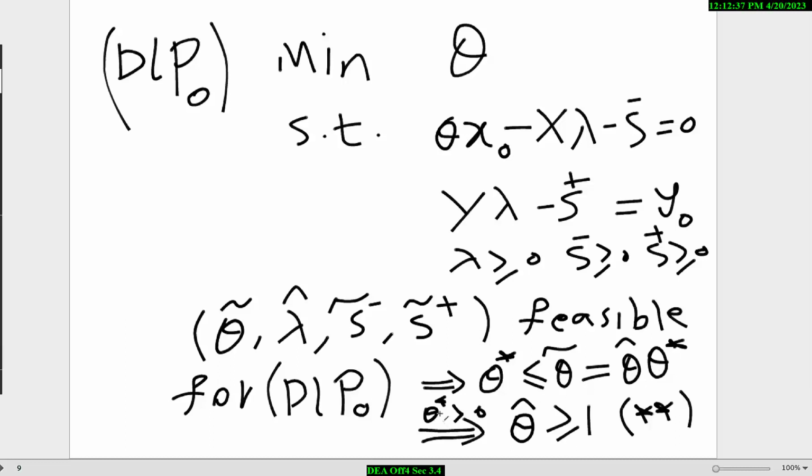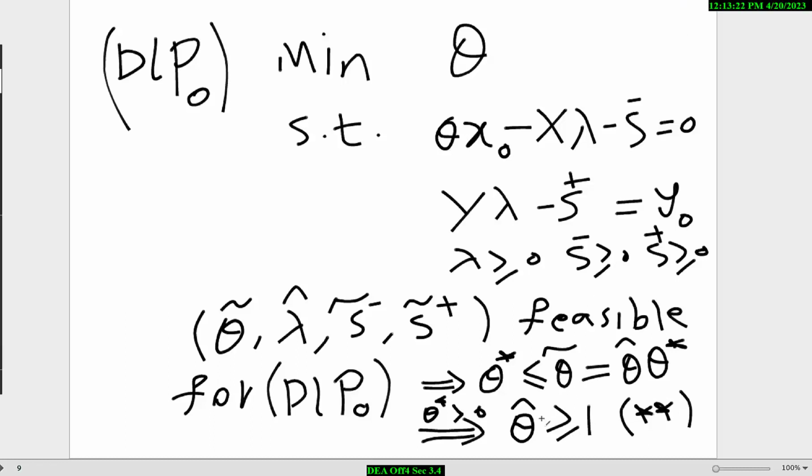And since theta star is bigger than 0, by removing theta star from both sides we have theta hat is greater than or equal to 1. We name this b star.